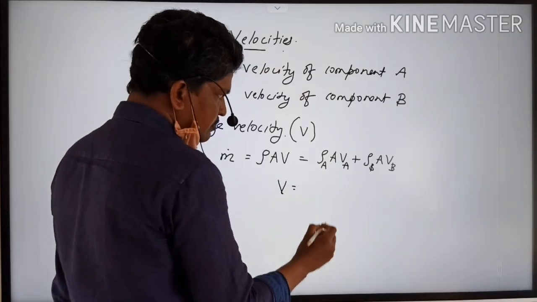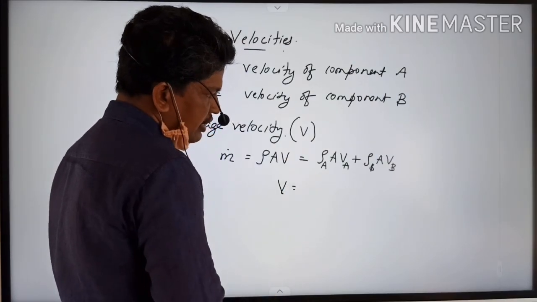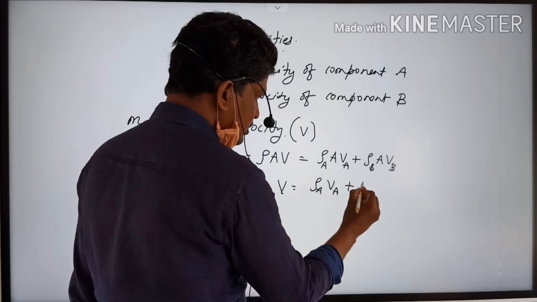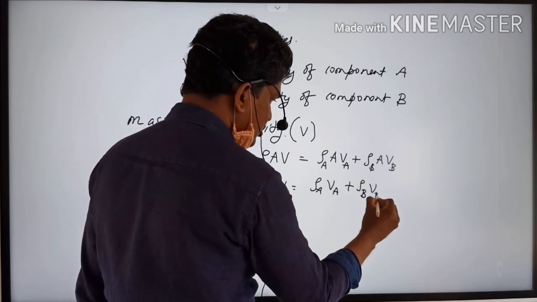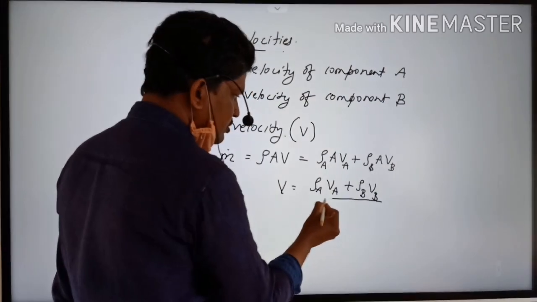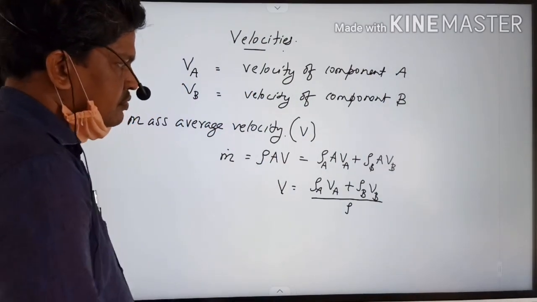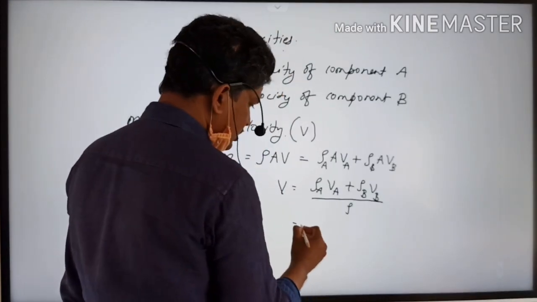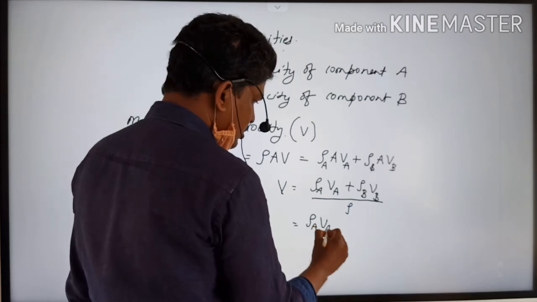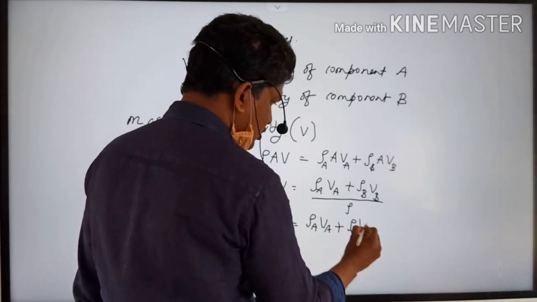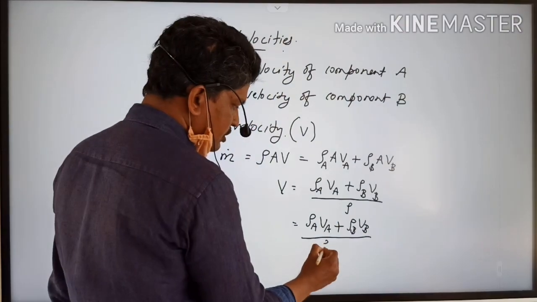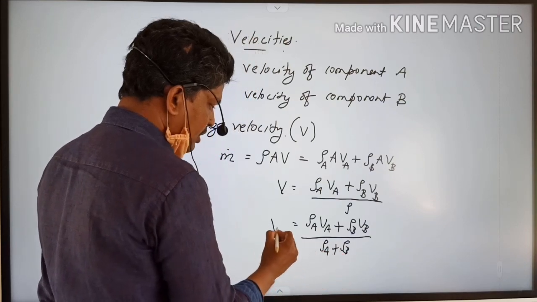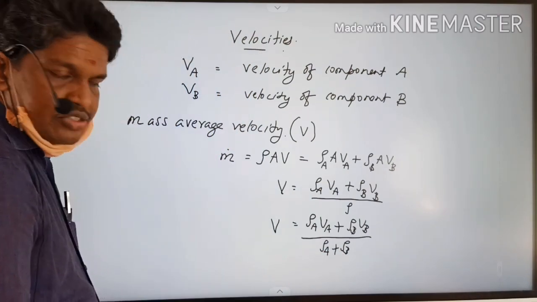Here A can be cancelled out, so v is equal to rho A VA plus rho B VB by rho, where rho is equal to rho A plus rho B, as we have seen in the last class. This is the mass average velocity of the mixture.